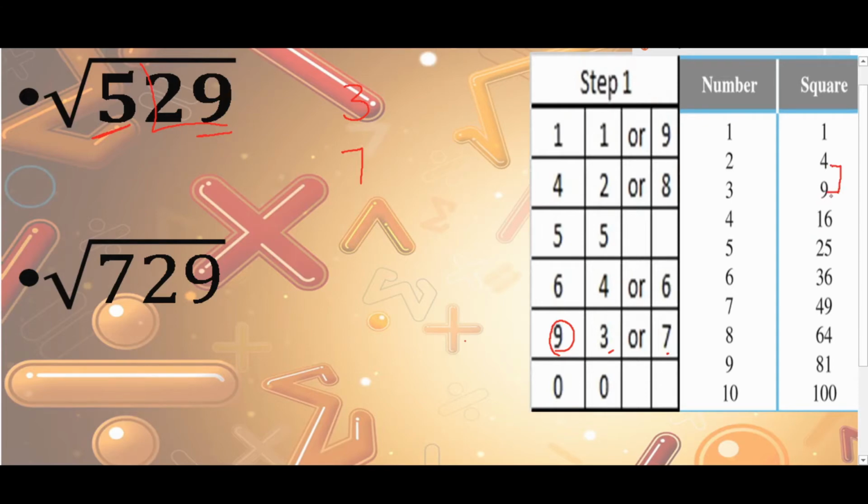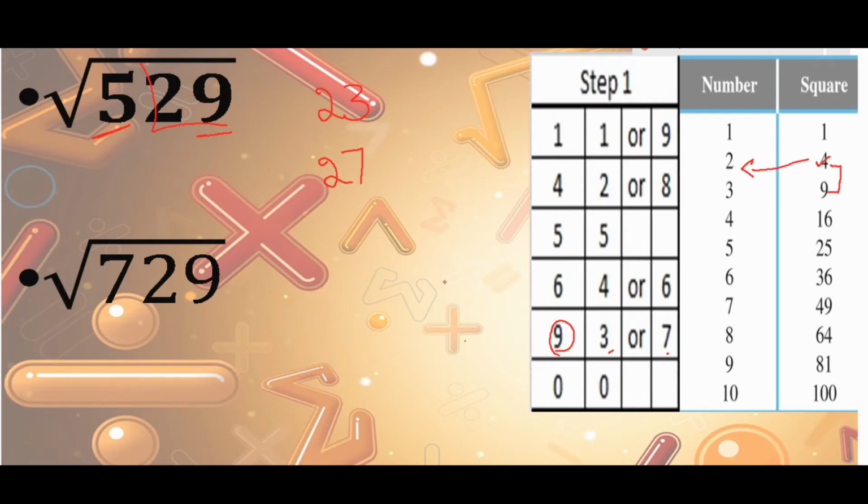I can't consider 9, I consider 4. Therefore, I can write the number as 2 because 4 is the square of 2. So, it is 23 or it may be 27. The given number may be the square of 23 or 27.